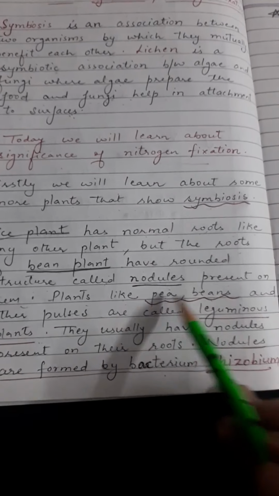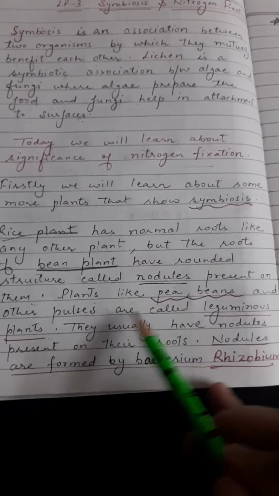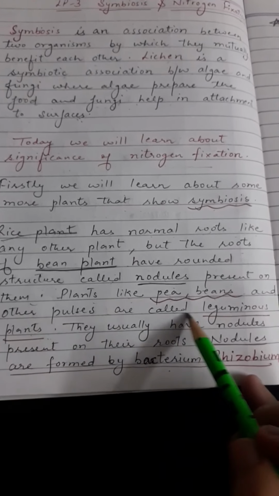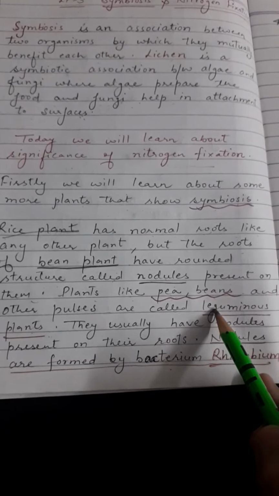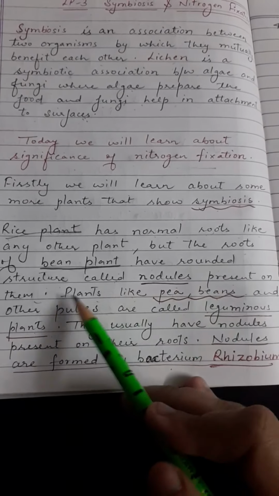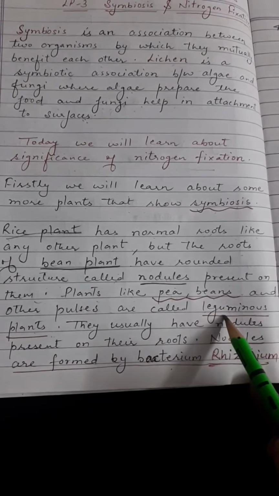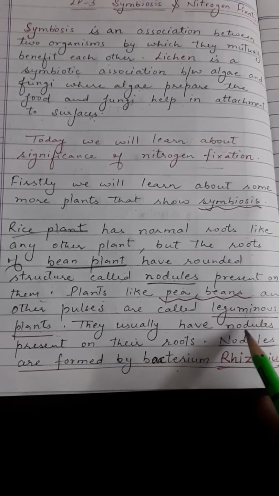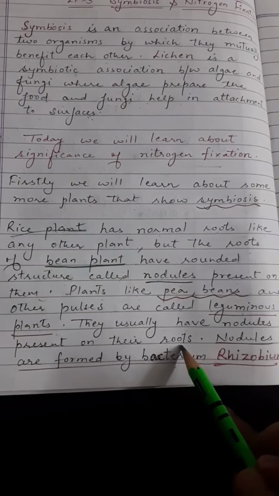Plants like pea, beans and other pulses are called leguminous plants, as they have nodules present on their roots. That's why we call them leguminous plants. They usually have nodules present on their roots.